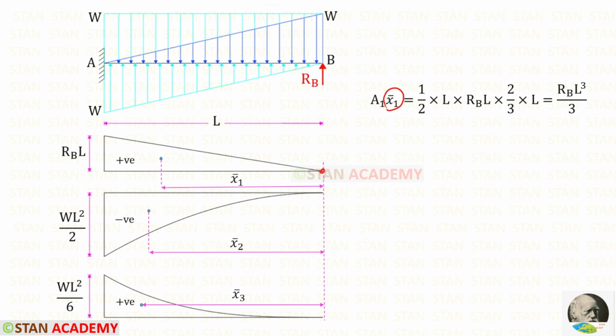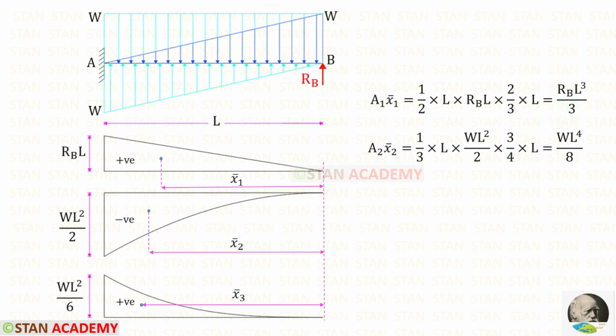For this triangle, the centroid distance towards the right is 2 upon 3 into B. Here the breadth is L, so 2 upon 3 into L. We can eliminate this 2 and this 2. L into L into L, it will be L cube. So for area 1 x1 bar, we will get RB L cube upon 3.